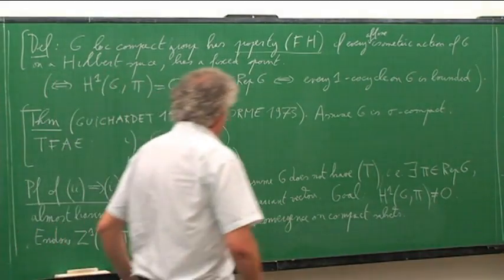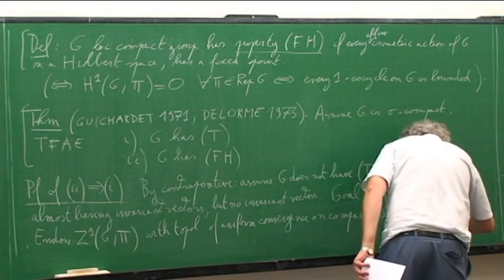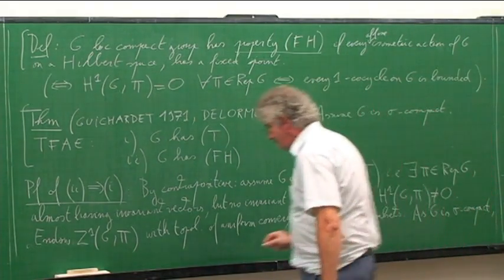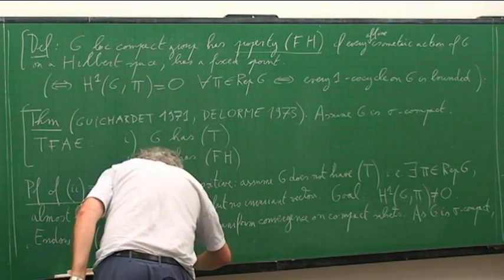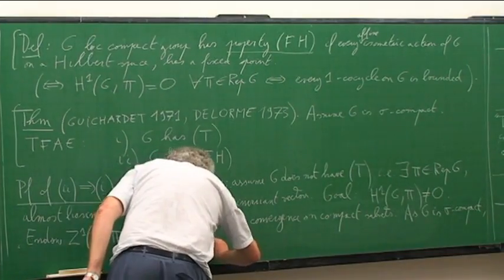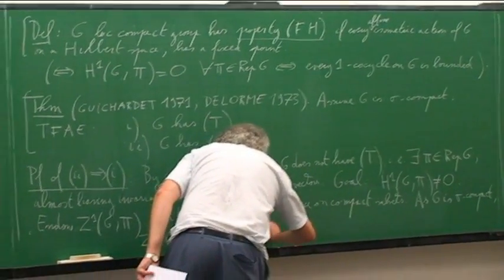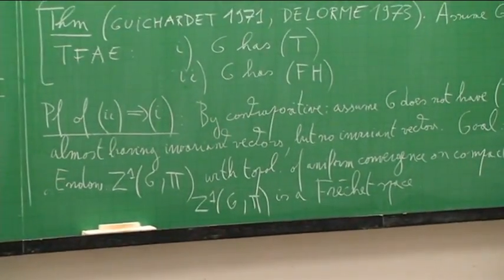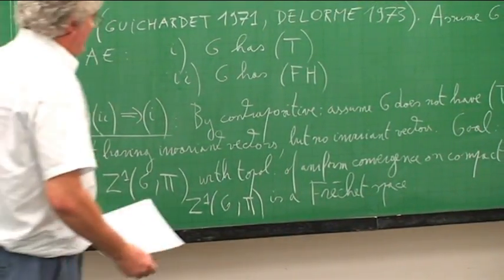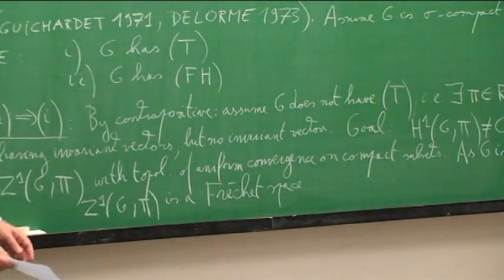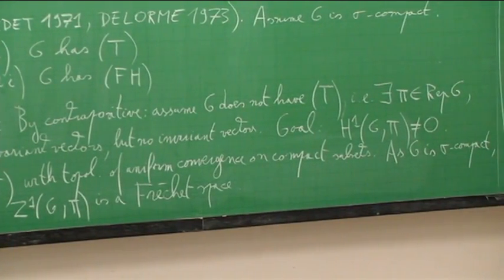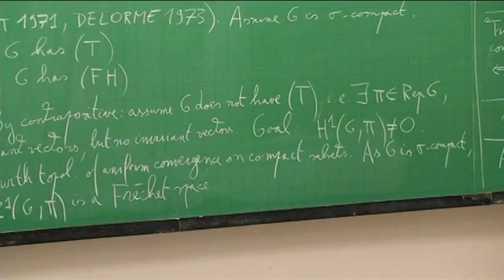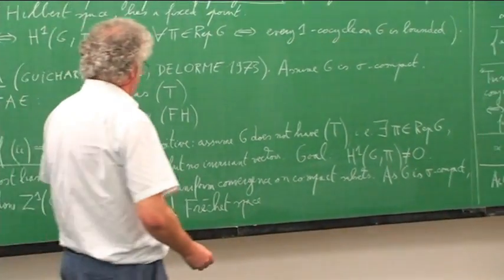Because G is sigma compact, Z^1(G, π) becomes a Fréchet space, a topological vector space which is metrizable and complete.